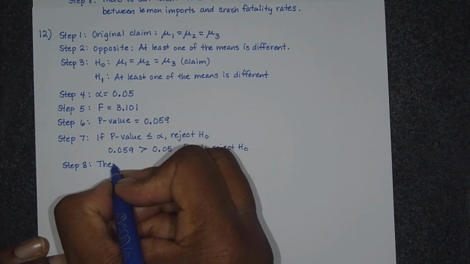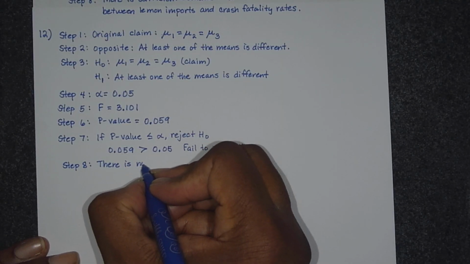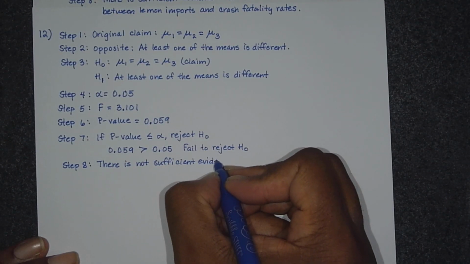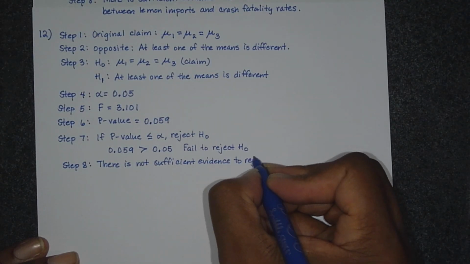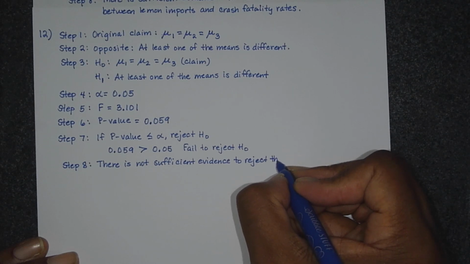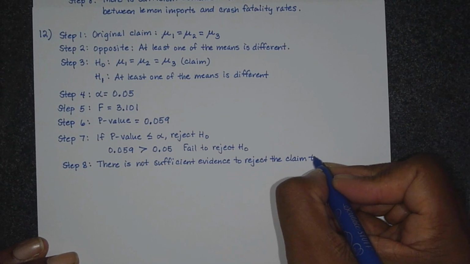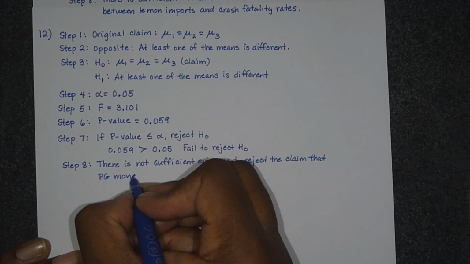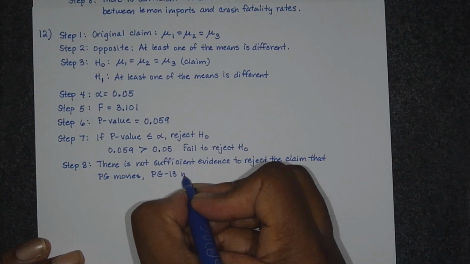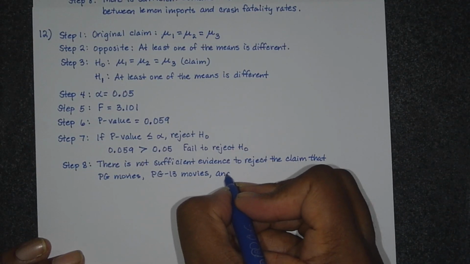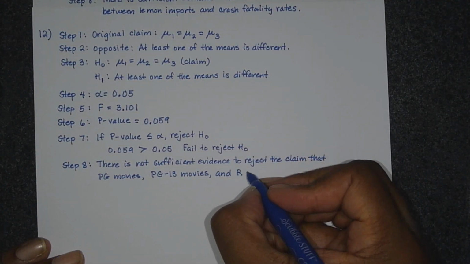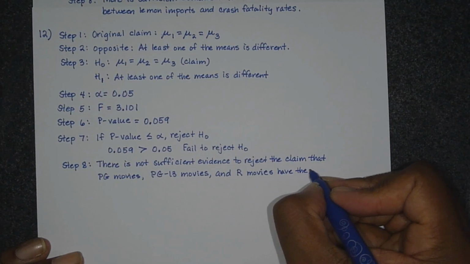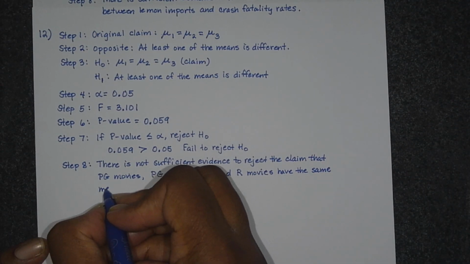So that means there is not sufficient evidence to reject the claim, because the claim was the null hypothesis and we failed to reject it, that, let's say, PG movies, PG-13 movies, and R movies have the same mean gross amount.